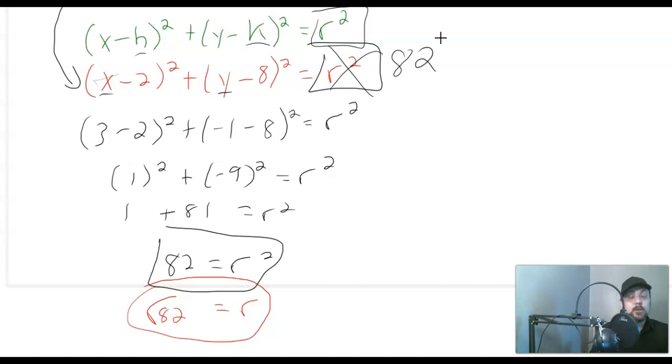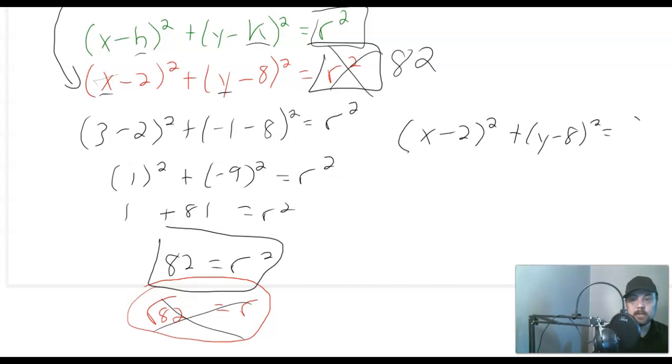So you can stop at r squared is the point I'm trying to make. You don't have to take it this far. You can if you want to. It's just a couple of unnecessary extra steps. You can stop at r squared, replace the r squared in the formula with 82. And so my final answer would be x minus 2 squared plus y minus 8 squared equals 82.